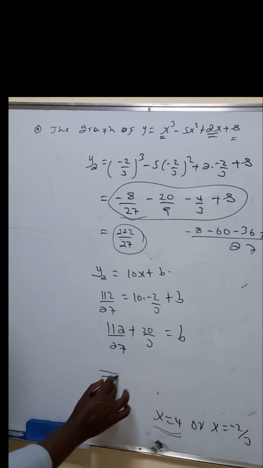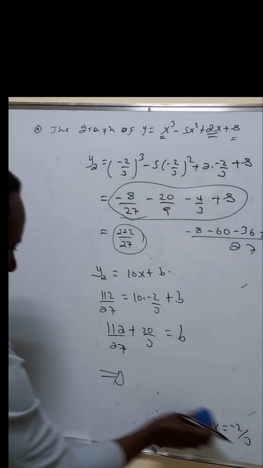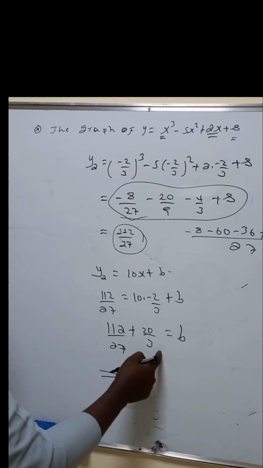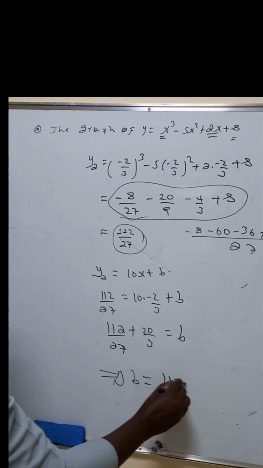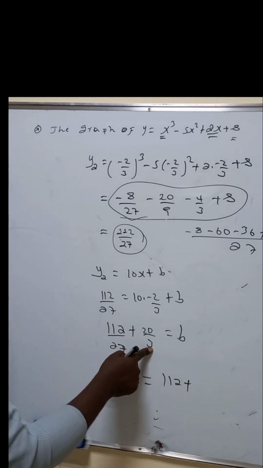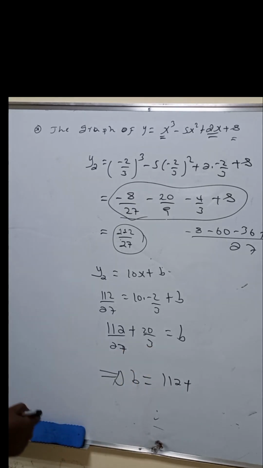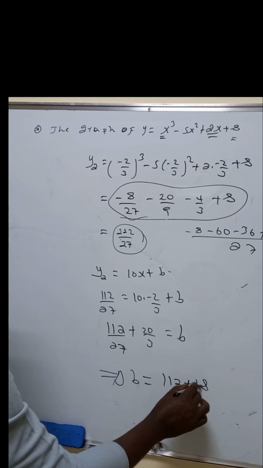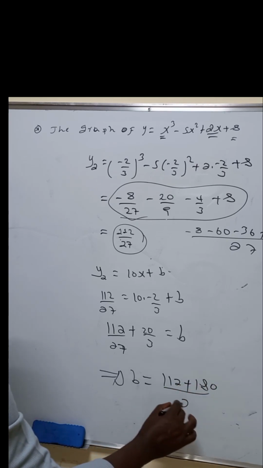To find the value for b, 27 is common. 112 plus 27 divided by 3, that's 9, and 9 times 20 is 180, over 27.